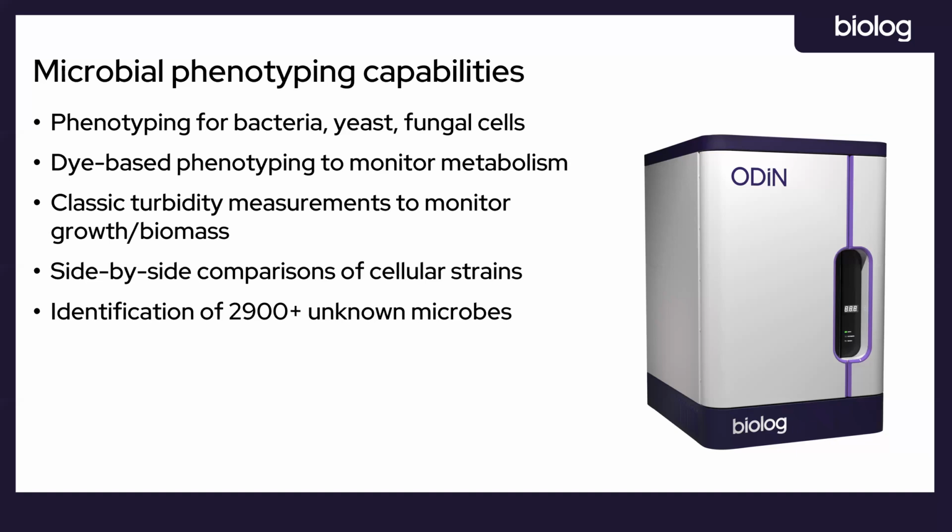Not only that, but you can analyze side-by-side phenotypic characterizations of your organisms to fine-tune minute differences between reference and test strains. And also, we use the same phenotypic profiles to generate microbial identifications of almost 3,000 unknown microorganisms.